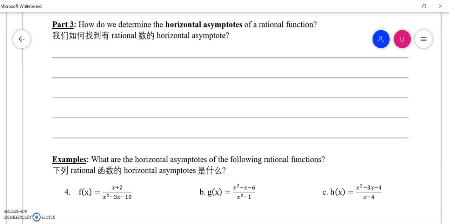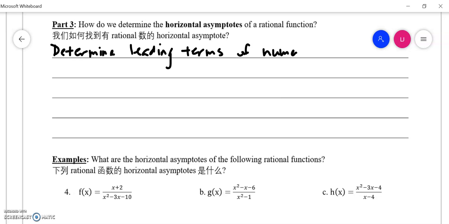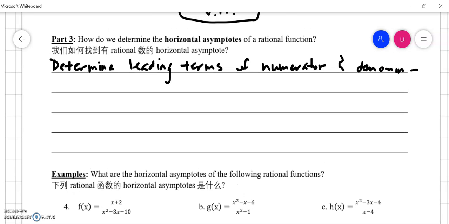But there are a couple of weird rules about this one. So the things to apply to all of these. First, we have to determine the leading terms of the numerator and denominator.